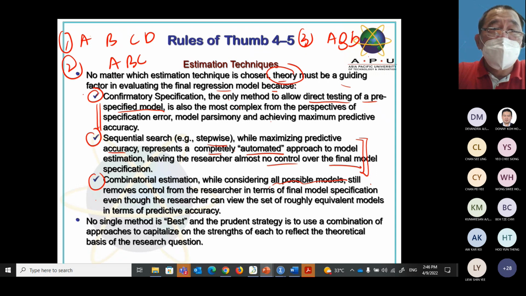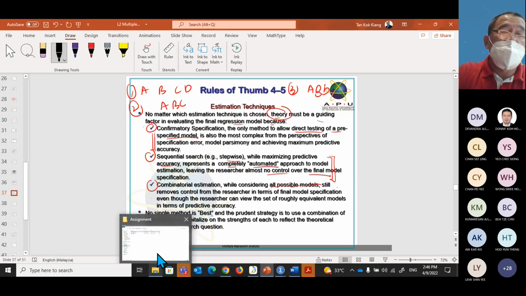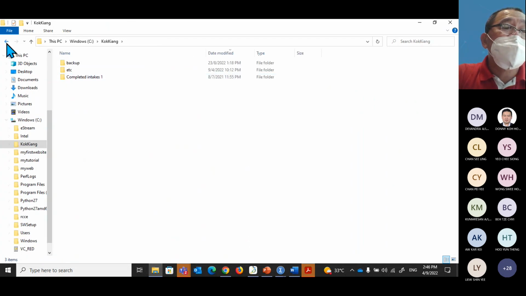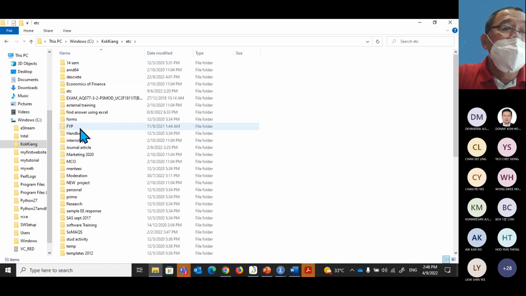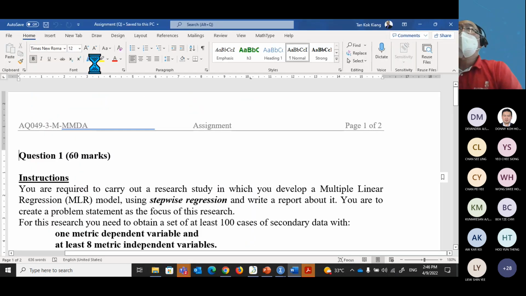Even though the researcher can view the set of roughly equivalent models in terms of predictive accuracy. Let me give you an example. I'm not saying it's very good, but this is also an example of combinatorial estimation.